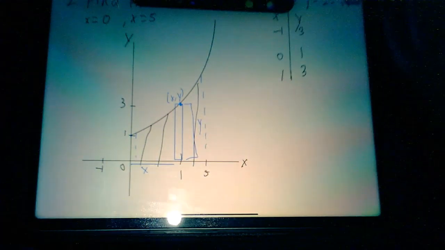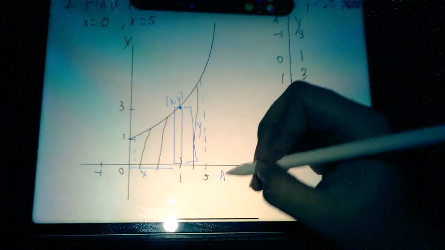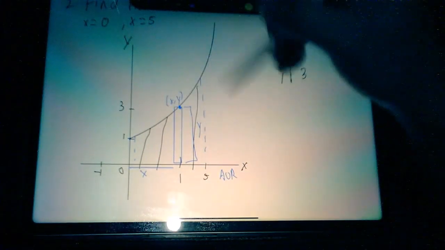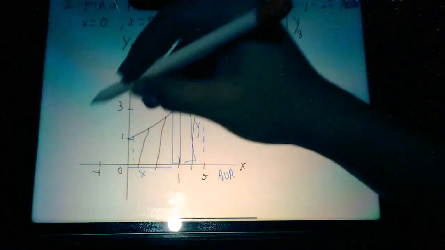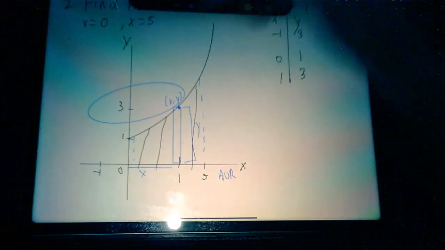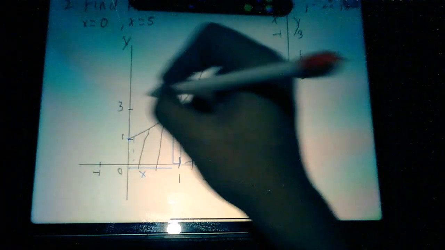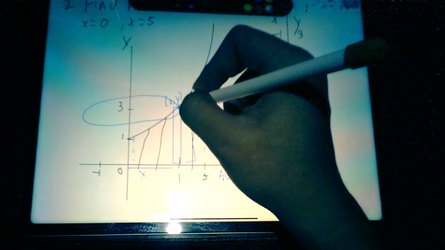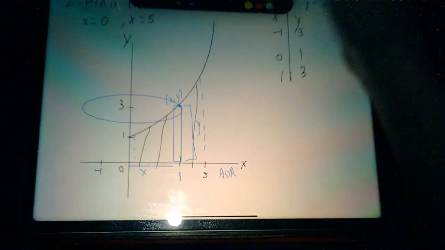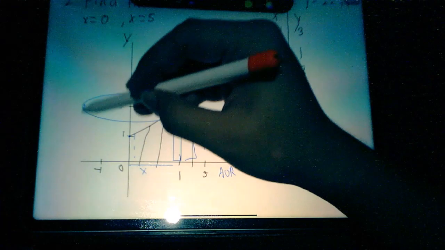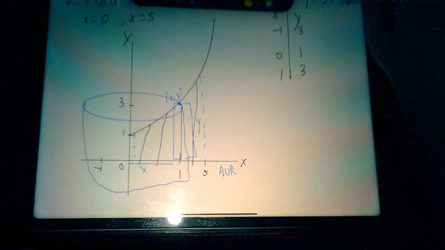Now remember the axis of rotation is parallel to the strip, so we need to make a circle here. Then we put this here to make it look like a cylinder tin can.